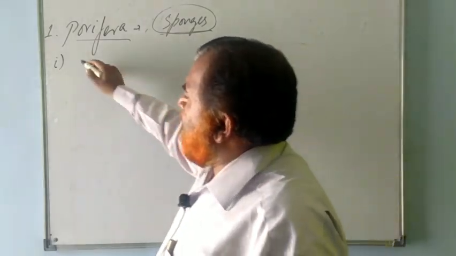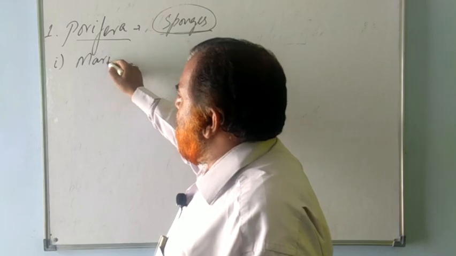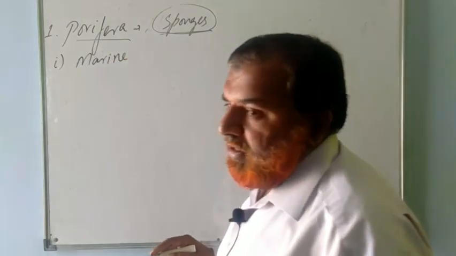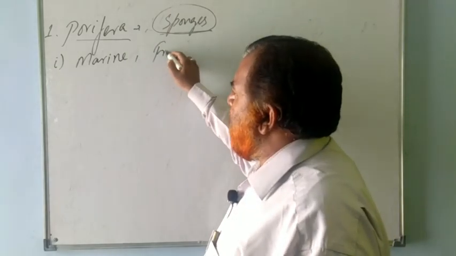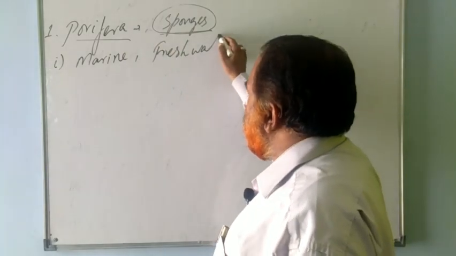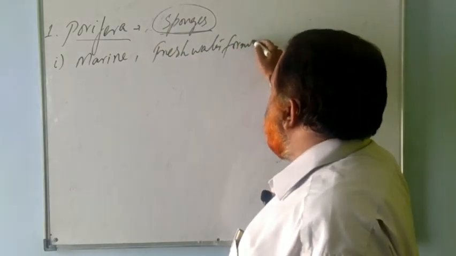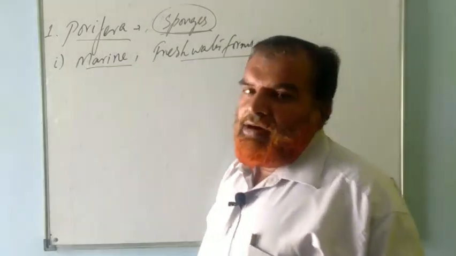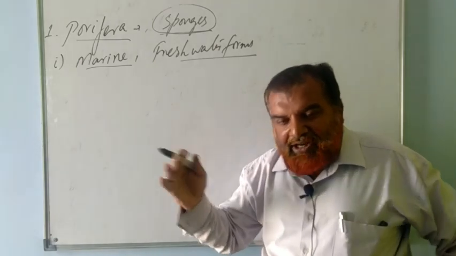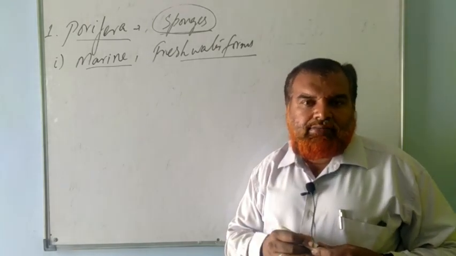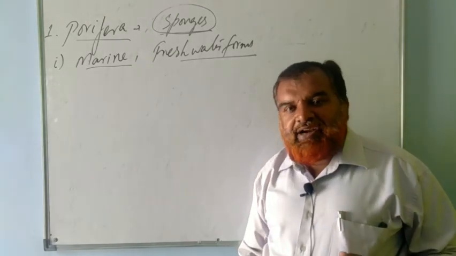Right? Most of them are marine. Most of the animals are marine. Some are freshwater forms. So by this we can conclude that all these animals are aquatic. The very beginning, life started in water medium, in aquatic medium.